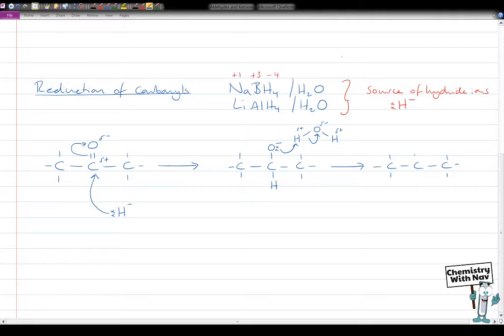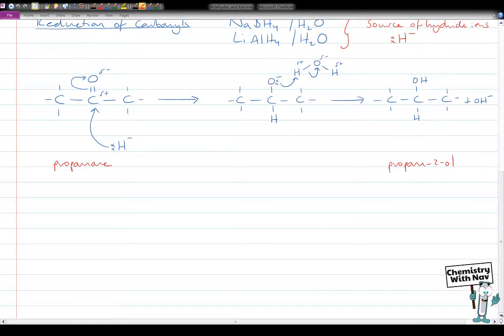There's our two R groups, but now we have an OH and an H on that middle carbon, plus an OH- ion, which means that I've managed to turn my propanone into propan-2-ol. And if I had oxidized propan-2-ol, I would have originally made propanone. So that's not too surprising.